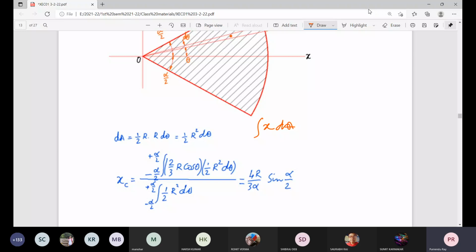Now what about the denominator of this? What about the value of that? Capital R is common, so it is half r square. And what about the integration d theta from minus half alpha to half alpha?